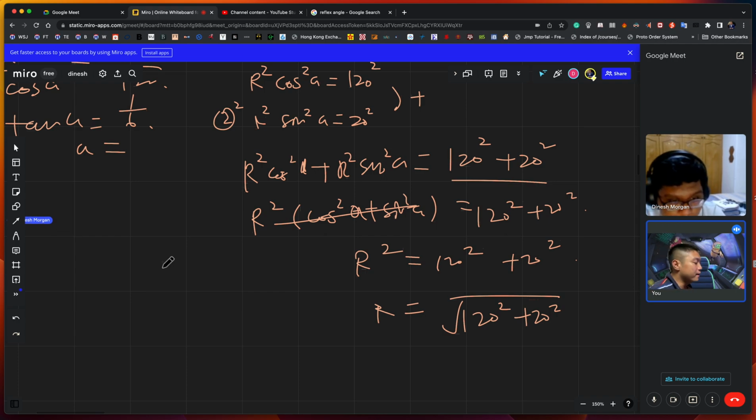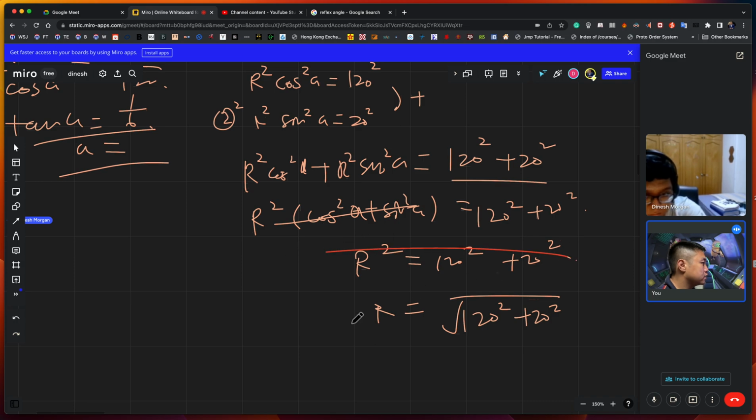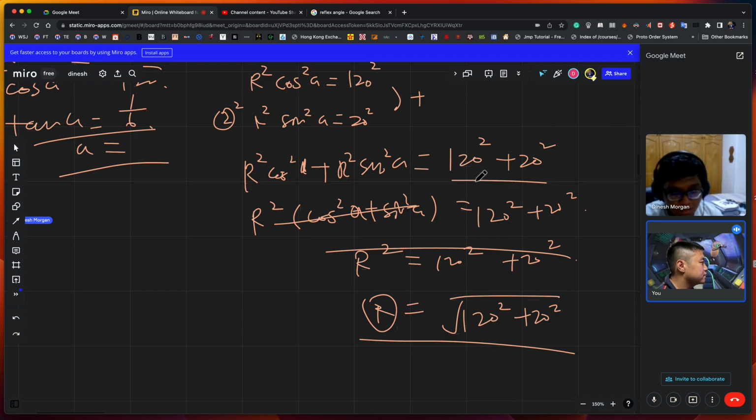Because I remember one student some years ago, he tried to remember the formula, and during the exam he remembered it wrongly, and then this question is wrong. So the benefit of doing it on the spot is that it's hard to make mistakes. Actually, the R is the simplest to find. You just take the value and square it, the value and square it, then square root it.